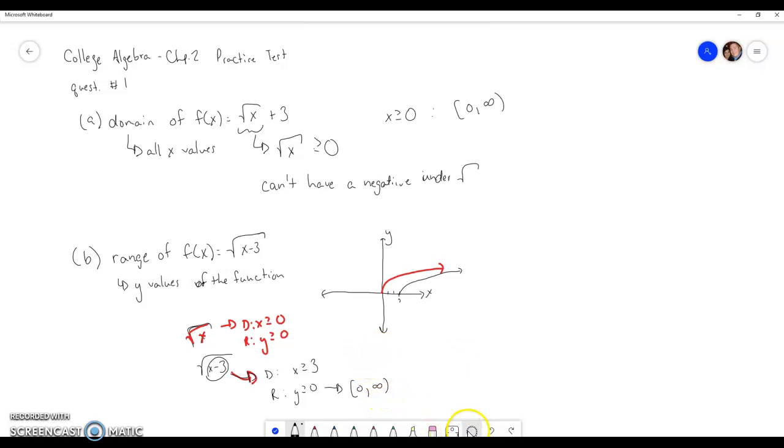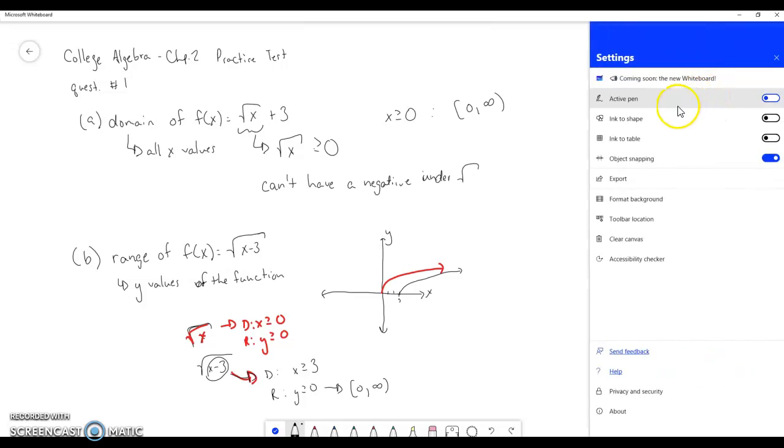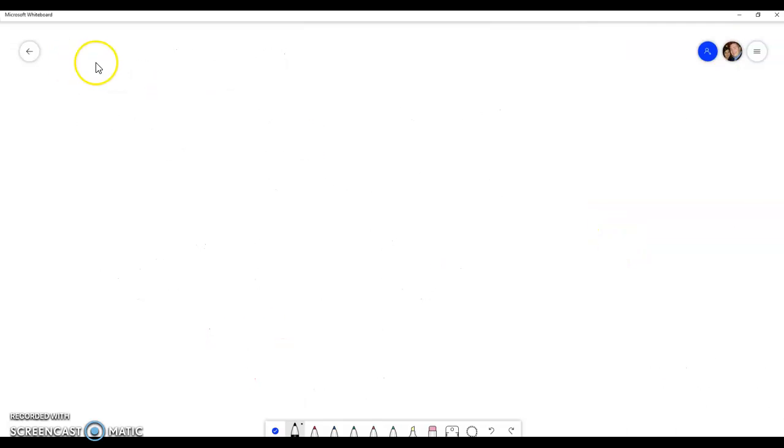Okay? All right. So now we're going to go on to C. Okay. So question number 1, we're looking at 1C.